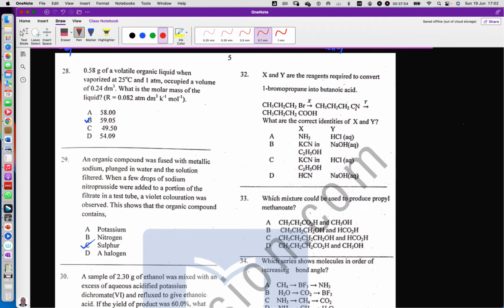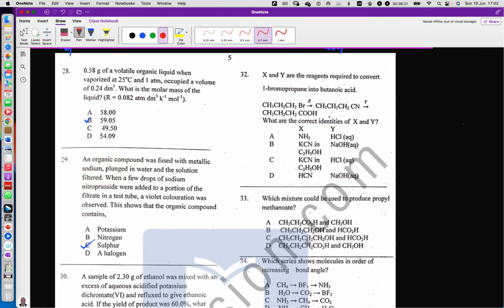Now there is an addition of one carbon here, which has given us butane. Now we need to undergo acid hydrolysis with dilute sulfuric acid, and this will be converted to the corresponding acid, which will be butanoic acid, 1, 2, 3, 4.